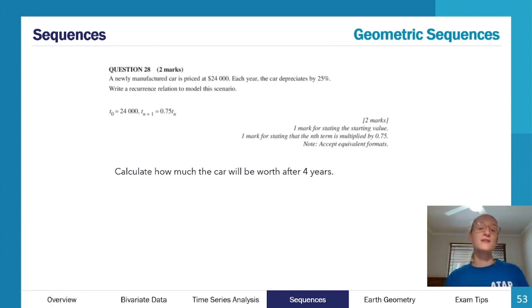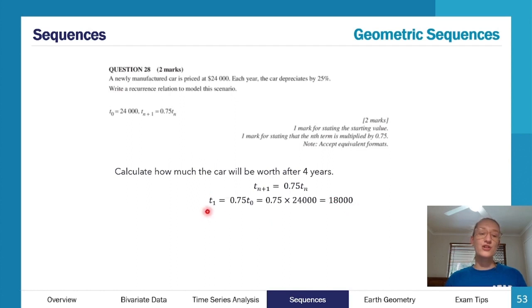Then we could use this formula to calculate how much the car would be worth after 4 years. For example, T1: we're going to let n equal 0. So T0+1, which is T1, equals 0.75 times T0. That's the value of our brand new car.